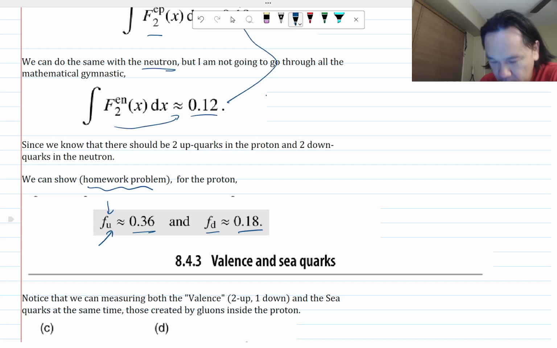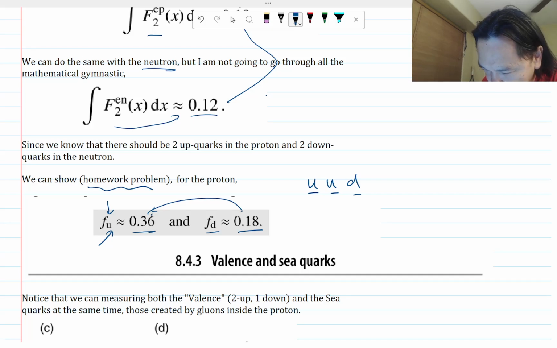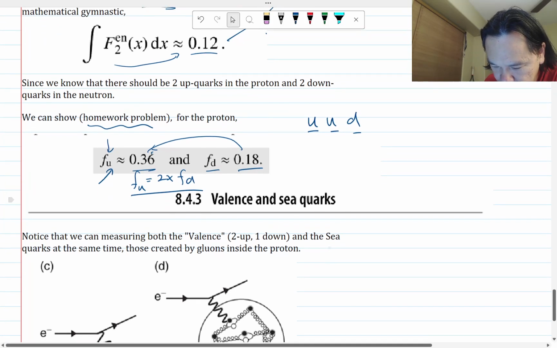So this is the reason we know that there are two up quarks and one down quark inside the proton, because this number is two times as big as FD.